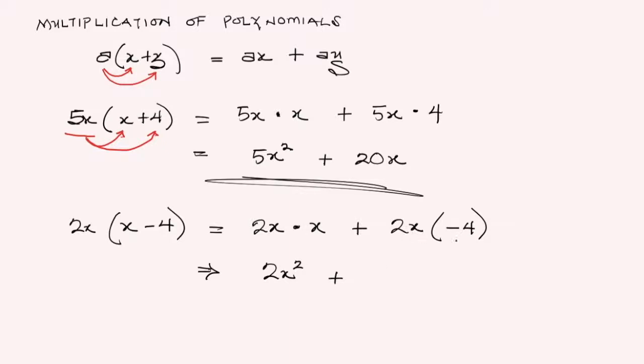And 2x multiplied by minus 4 is going to be minus 8x. So what we'll have here is actually not a positive sign, but a negative 8x. So we could as well have done that directly, but I just wanted you to see how we express that. So we have 2x multiplied by x to give 2x squared, and 2x multiplied by minus 4 to give minus 8x. And so that's our final answer.